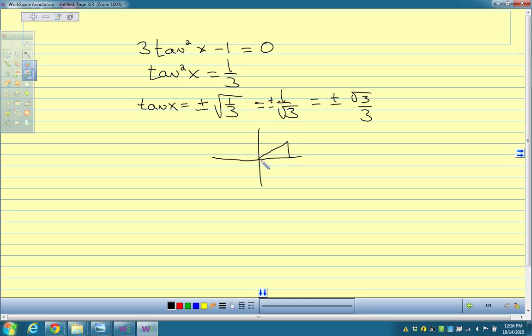What you're talking about is this angle, this angle, this angle, and this angle, all four of them. Here tangent is positive, here negative, here positive, here negative, and those are every multiple of pi over 6.